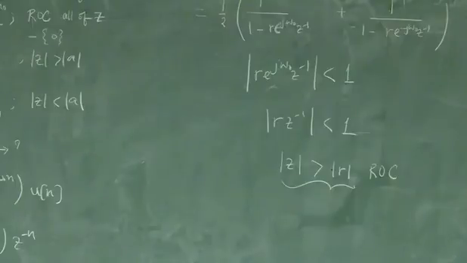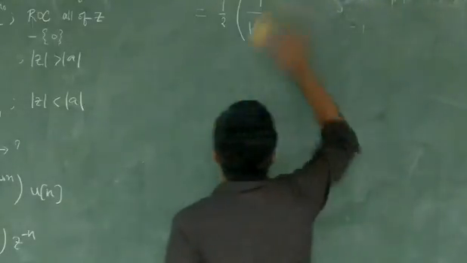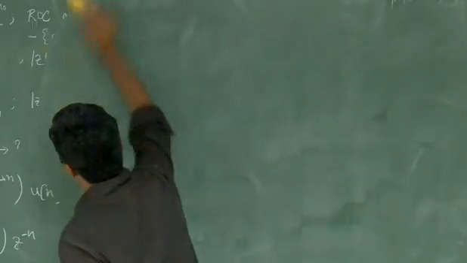Now we'll just list out some of the properties that we have discussed so far, just so it's summarized in one nice table. So the ROC of a sequence is going to be a disk.